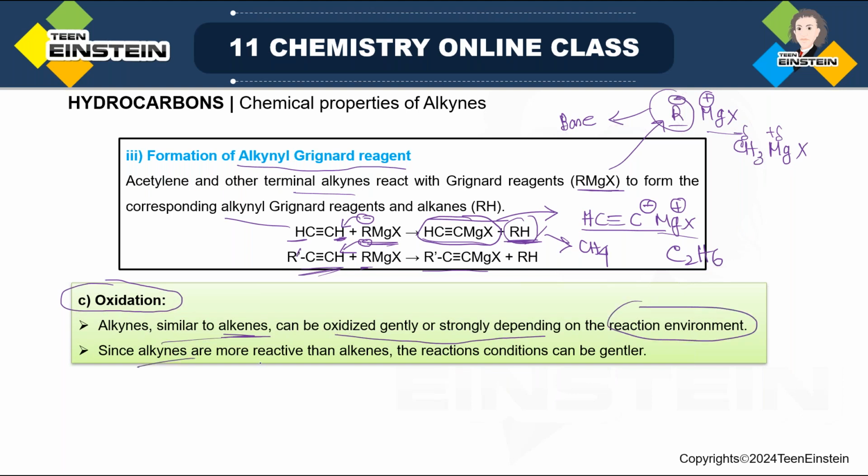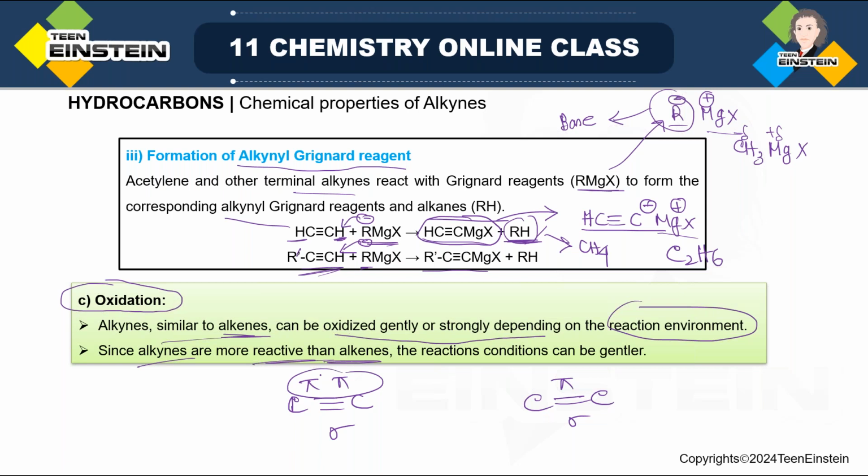Now alkynes are more reactive than alkenes. In a CC triple bond there are basically 2 pi bonds and 1 sigma bond, but in a CC double bond there is 1 pi and 1 sigma. So here more loosely held pi electrons are present. When you are treating it with an oxidizing agent, what does it seek? It seeks negative charge or electron cloud.